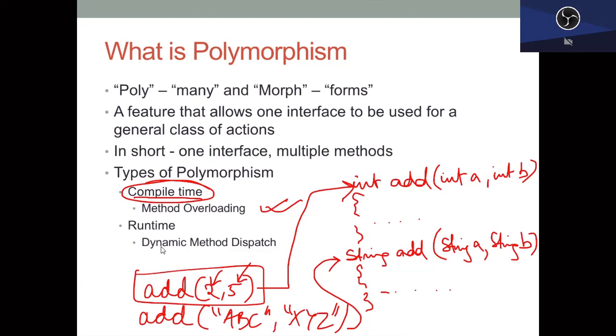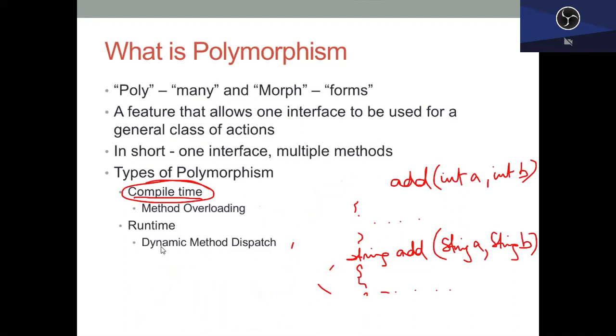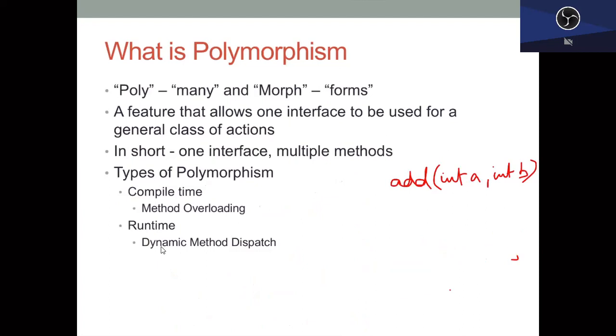Now, the other part, which is runtime polymorphism, where the compiler doesn't know at compile time what is to be done, which method is to be called. This is known as runtime polymorphism, or it is also known as dynamic method dispatch.